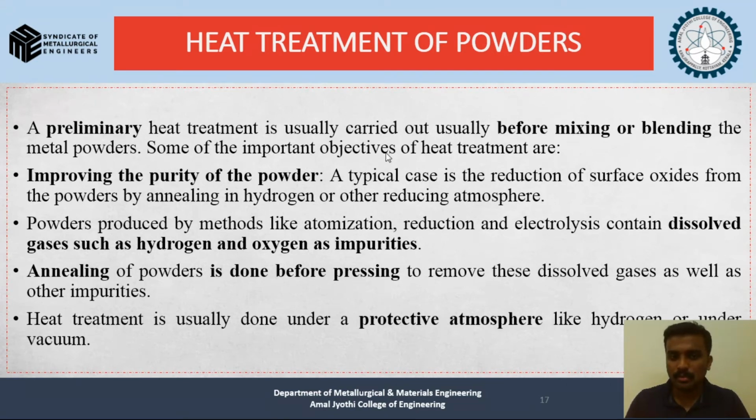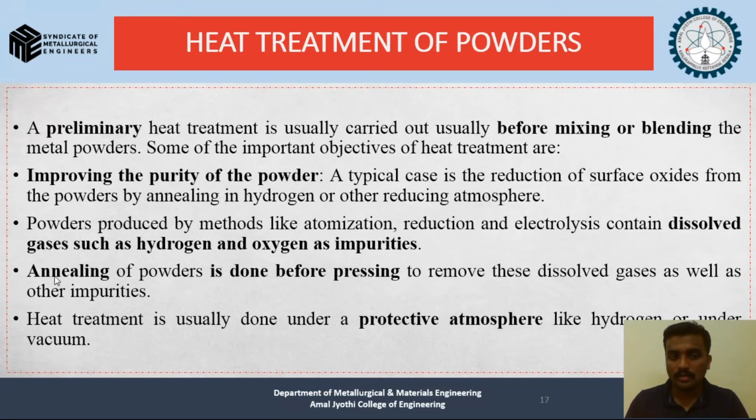Some of the important objectives of the heat treatment are to improve the purity of the powder. That is, whenever we get rid of the contaminants or impurities from the powder, the quality normally increases, thus improving the purity of the powder. A typical case is the reduction of surface oxides from the powder by annealing in hydrogen or another reducing atmosphere.